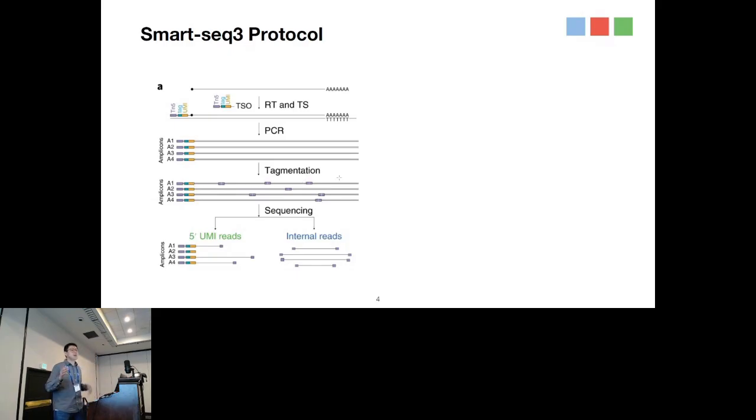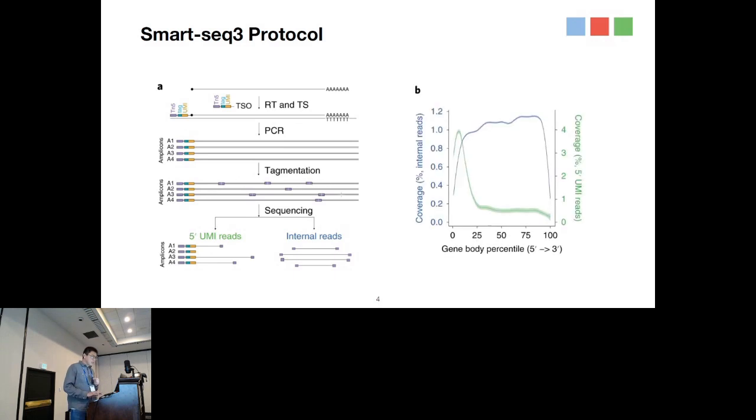Then the two ends of the fragments will be sequenced, obtaining paired-end reads. So you can see we will have 2 types of reads. One is the reads from the first fragment of the cDNA, which contains the barcodes or UMI. We call them UMI reads. The others will be called internal reads. This is another figure from the SmartSeq3 paper, comparing the coverage of these 2 types of reads.